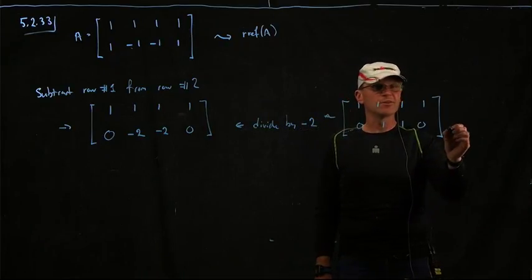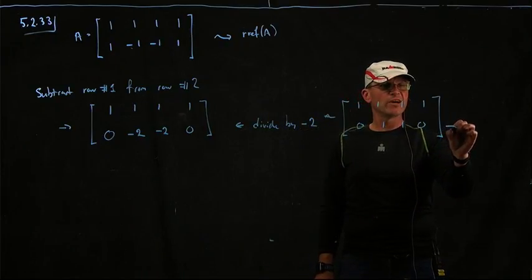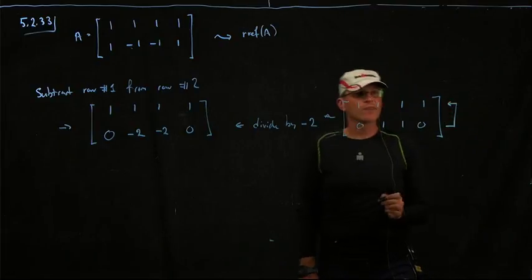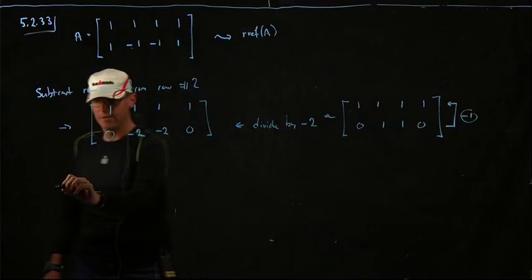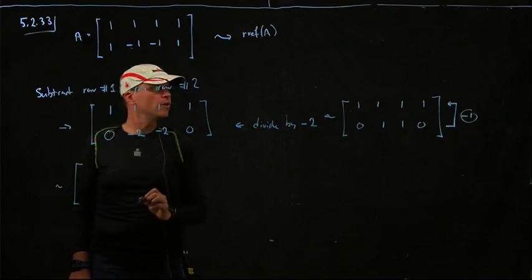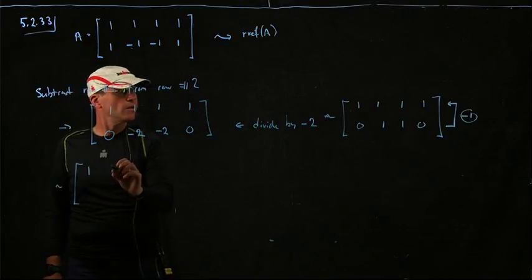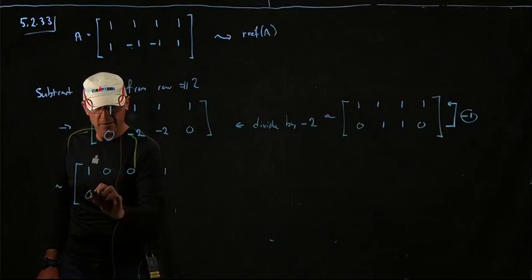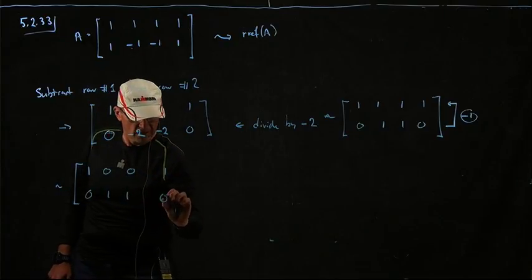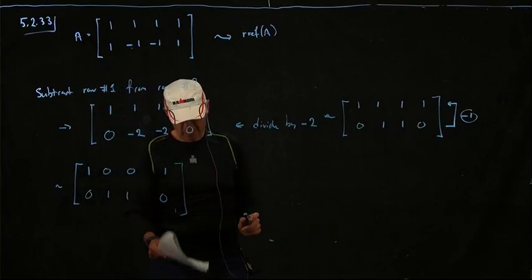What we have to do is subtract the second row from the first. So then we are at 1, 0, 0, 1, 0, 1, 1, 0. That's a reduced row echelon form.